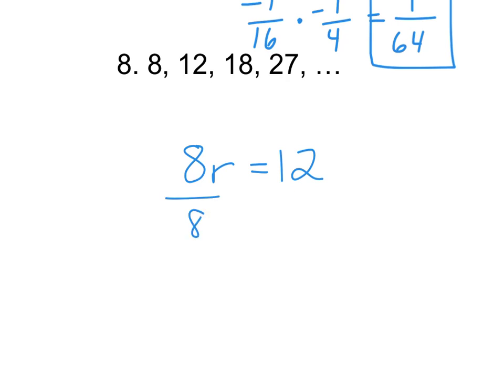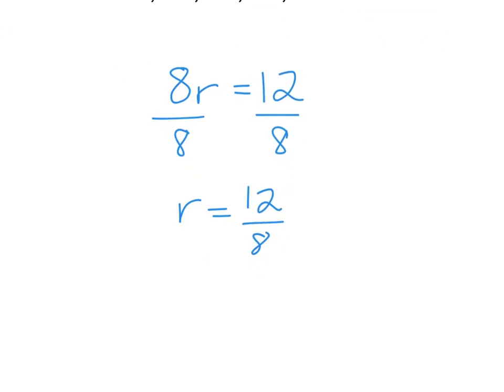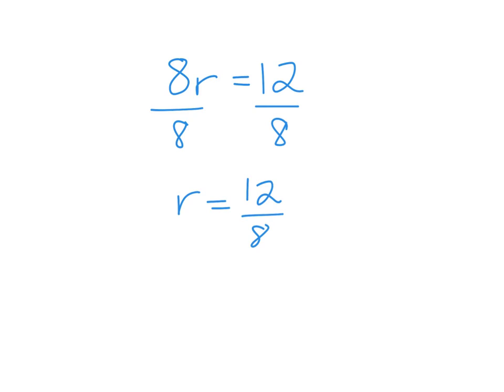Divide by 8. And so it is multiplying by 12 over 8, but that can be simplified. What can 12 and 8 both divide by? 4. So go ahead and do that, and you would get 3/2, or as Joe said, 1.5. So every single time, it's multiplying by 1.5. So that's your common ratio.